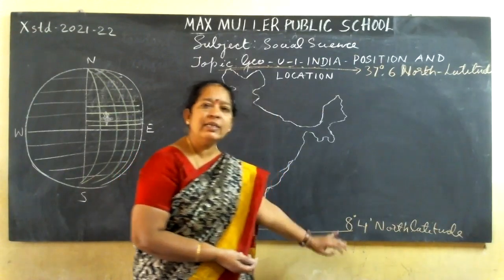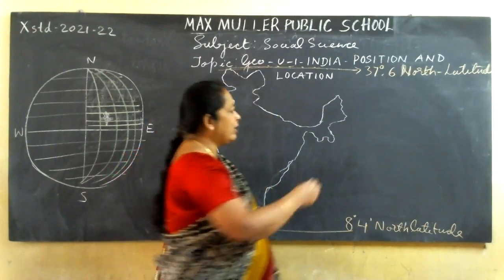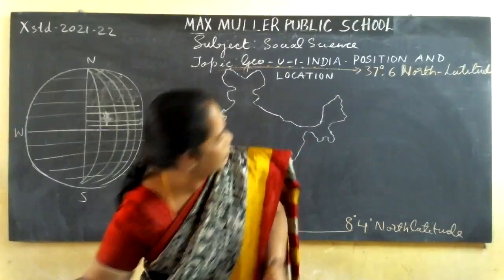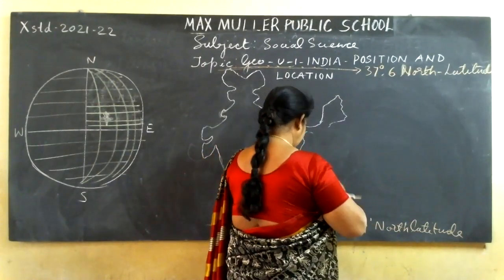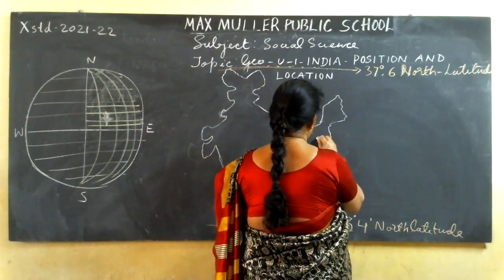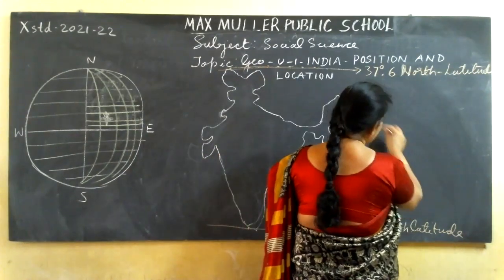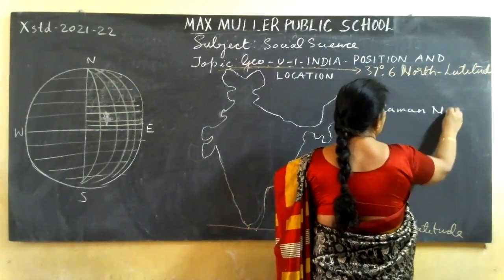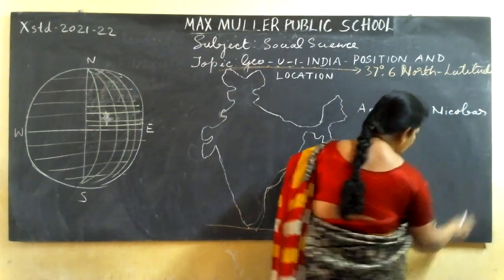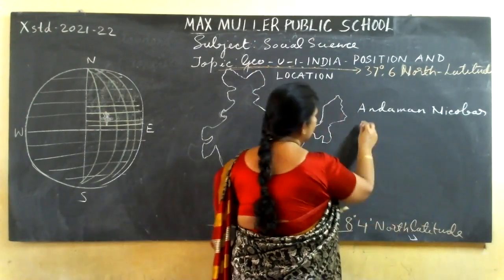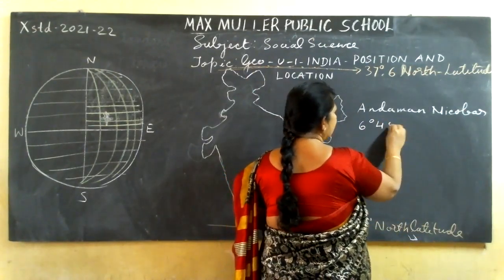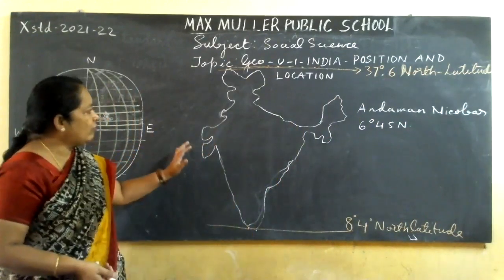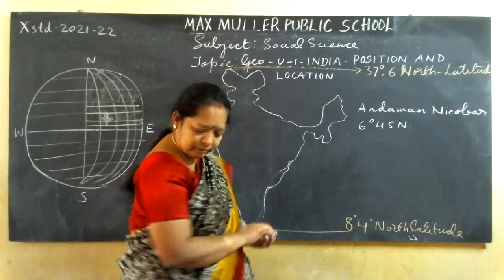If you come there, it is 6 degree 45 north latitude, including Andaman and Nicobar, because it is going down, still down it goes. Followed?